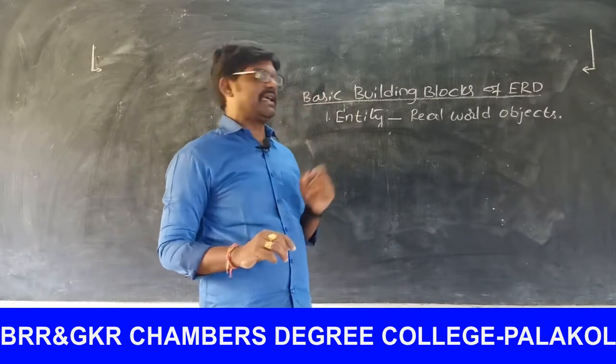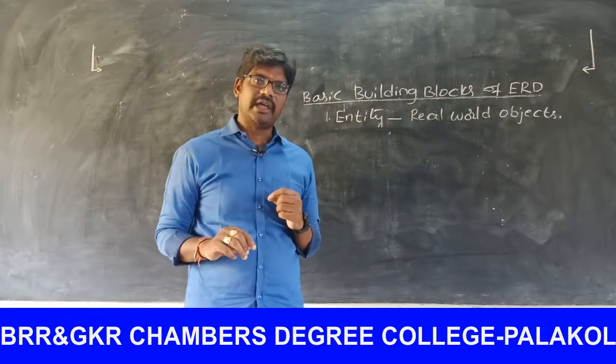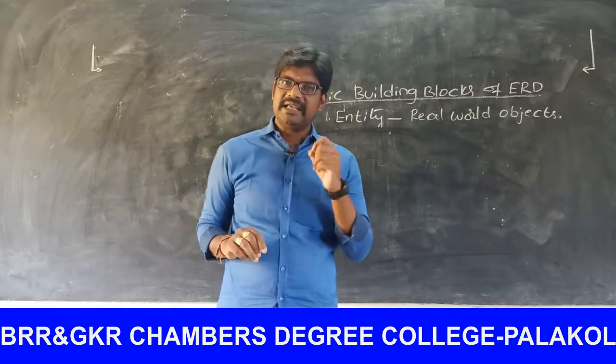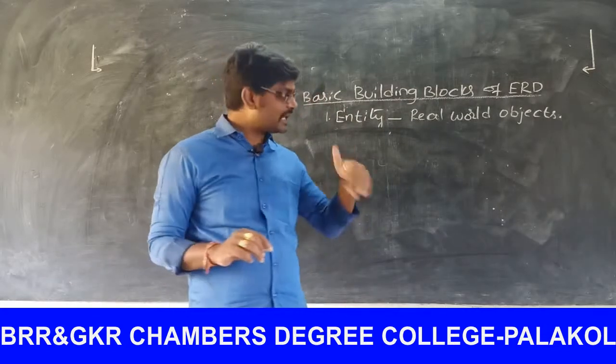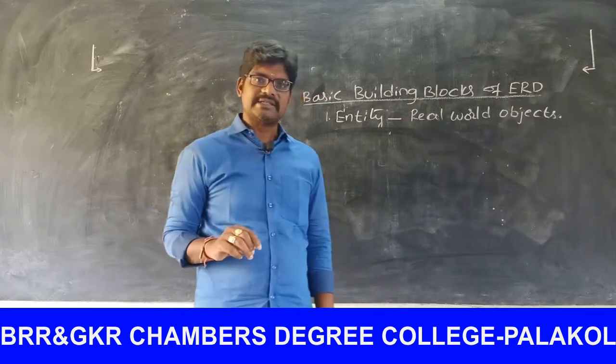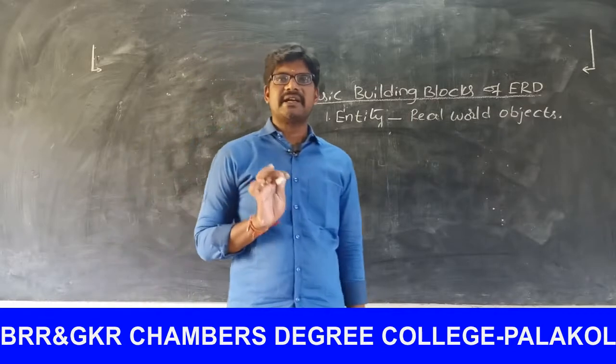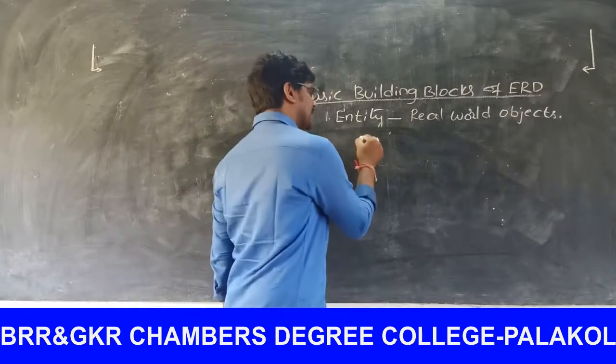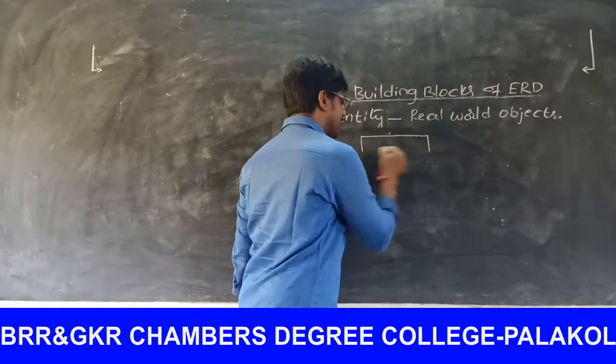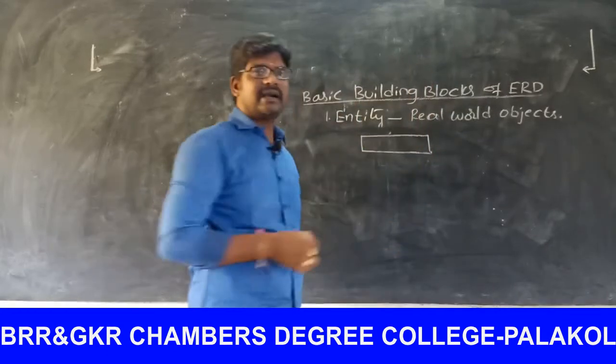We call it as an entity. A person, place, thing, or anything in the real world, we call it as an entity. An entity can be represented by the symbol rectangle.